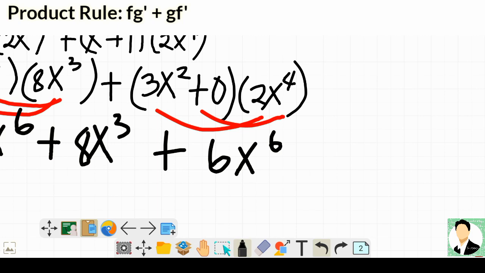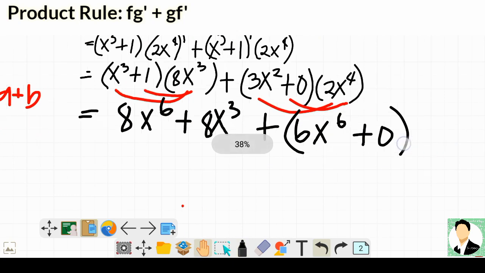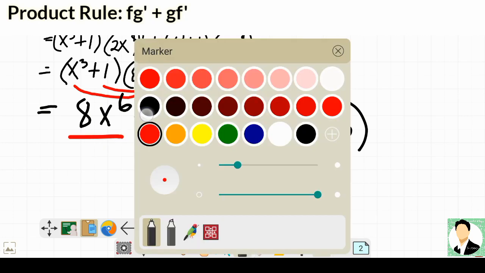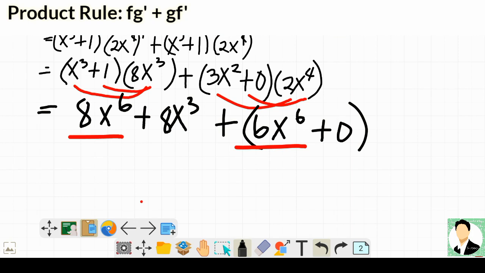And then plus 0 times 2x raised to 4 is 0. So, any number multiplied by 0 is 0. So, next is combining like terms. So, ang gagawin natin is i-add yung 8x raised to 6 sa 6x raised to 6. So, 8 plus 6 is 14 times x raised to 6.